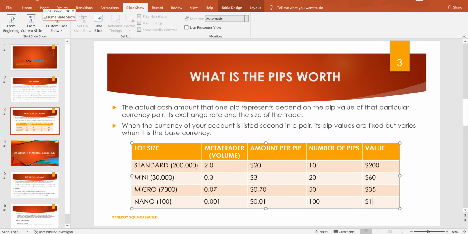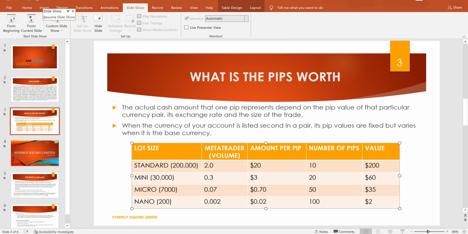So in like manner, here if you had used the 0.002, then the pip value, or the amount per pip, will now be no longer 0.01 but 0.02. And in this case, you will be controlling like 200 units of currency. That is the reason why it is 0.02. And if you covered 100 pips, then it will no longer be $1 but $2.